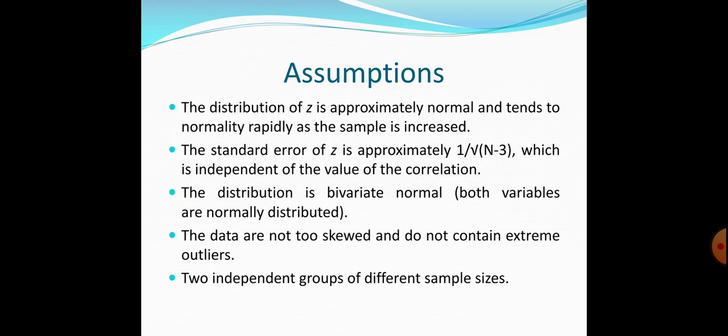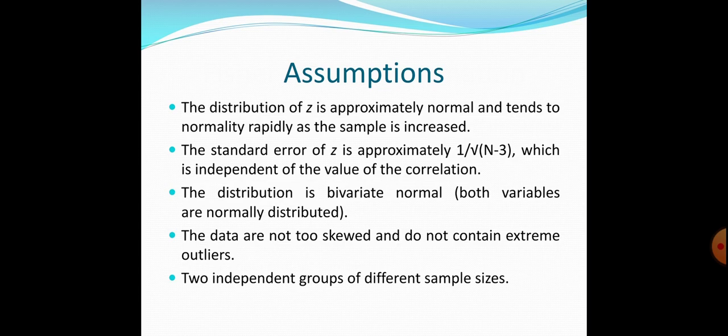Now, Fisher's Z test is also based on certain assumptions. The distribution of Z is approximately normal and tends to normality rapidly as the sample size is increased. Means if you go on increasing the size of the sample, the normality tends to apply soon.